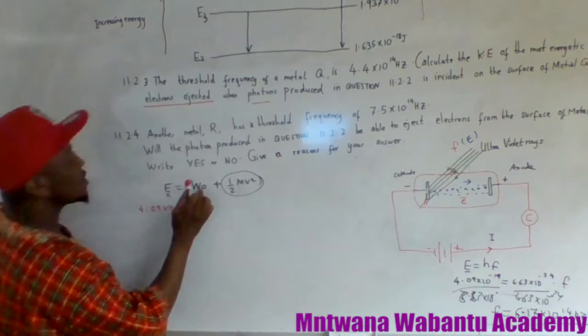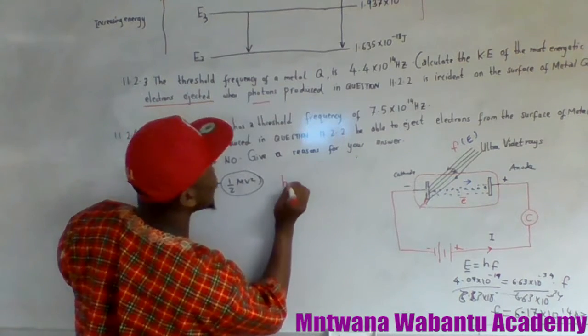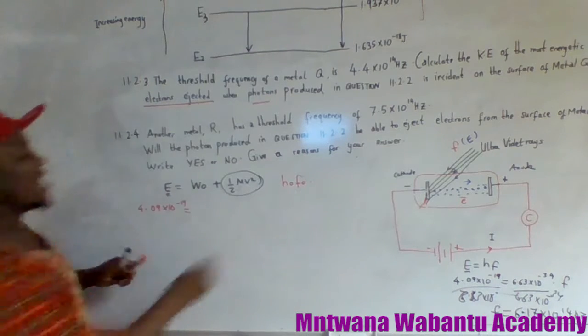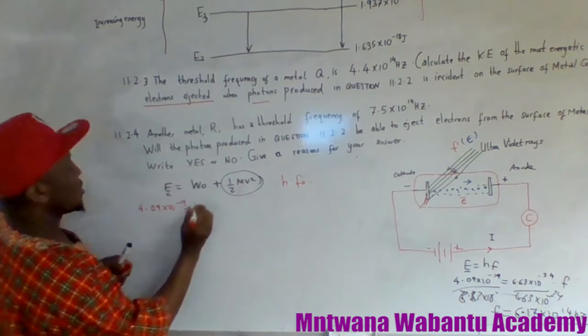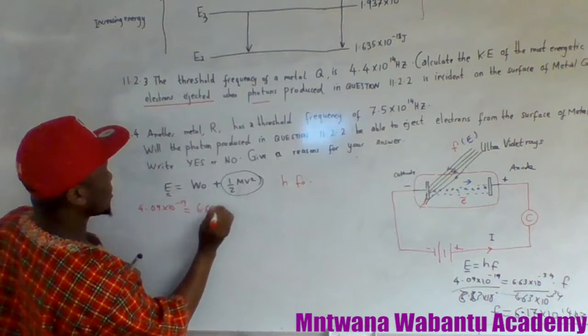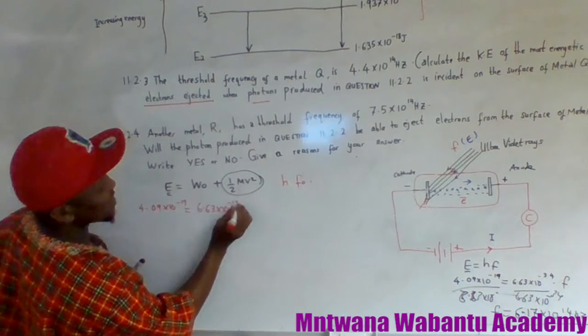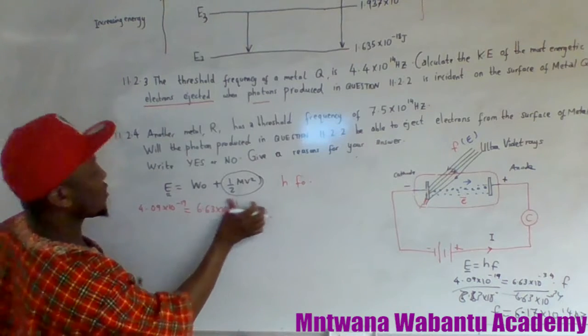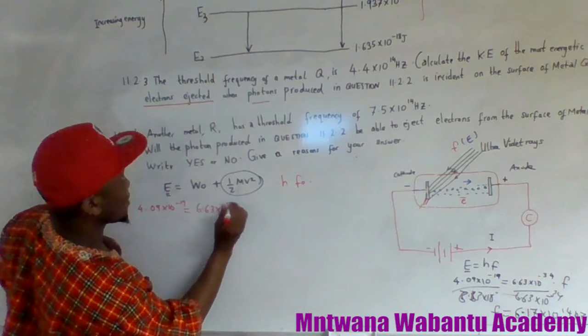This threshold work done is like h times f naught. So we have our h, which is Planck's constant, equal to 6.63 times 10 power negative 34, apologies, negative 34.